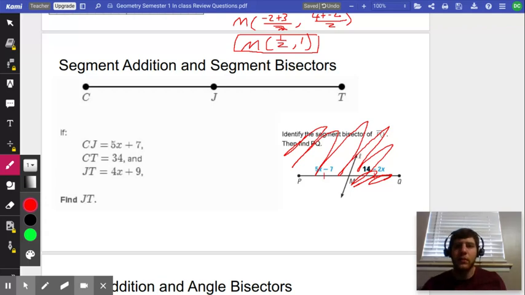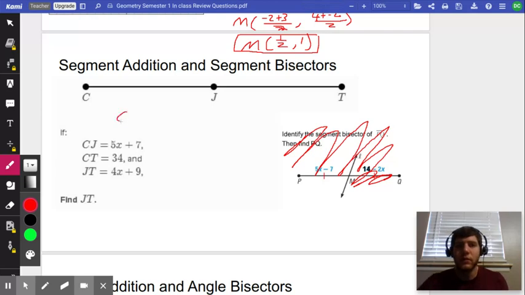We're going to use the segment addition postulate, which is just if you have 3 collinear points, and if one point is between the other 2 points, then the 2 small pieces are going to add up to the big piece. So if J is between C and T, then CJ plus JT is going to equal CT.